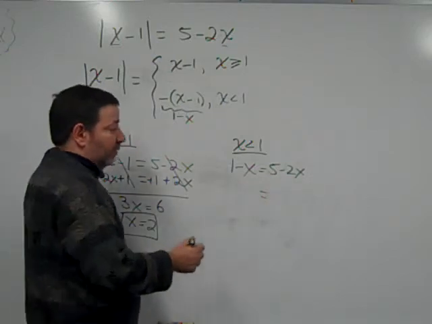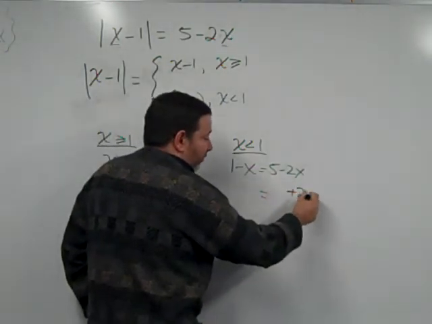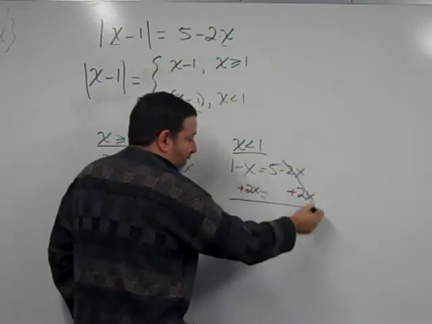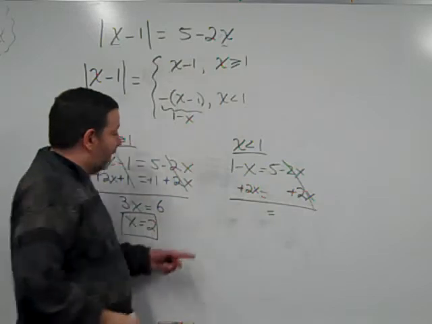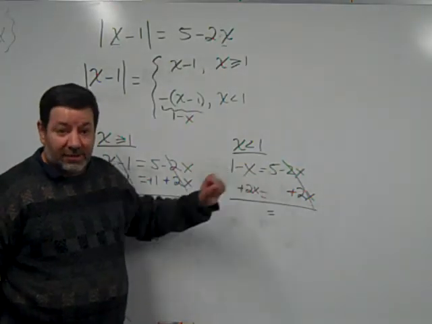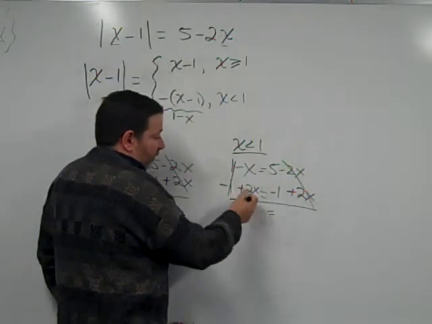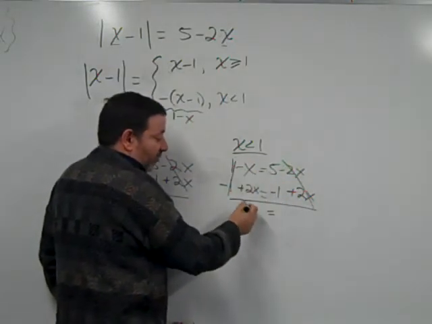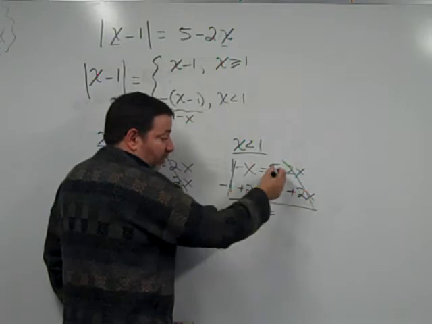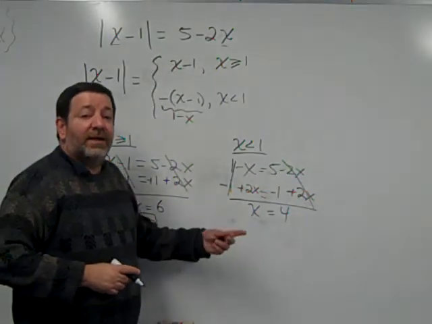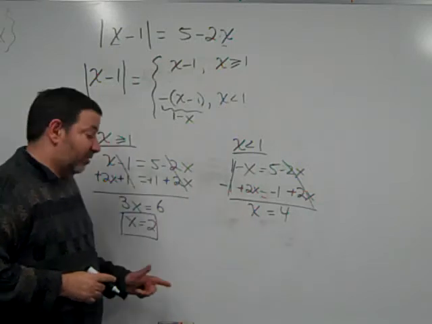Negative 1 is bigger. So I'm going to bring the 2 x's to the left side. By design, no x's on the right side. Now I'm going to bring the numbers to the right side. I'm going to take away 1. 2x minus x is just 1x. 5 minus 1 is 4. So x equals 4 is another possible answer.